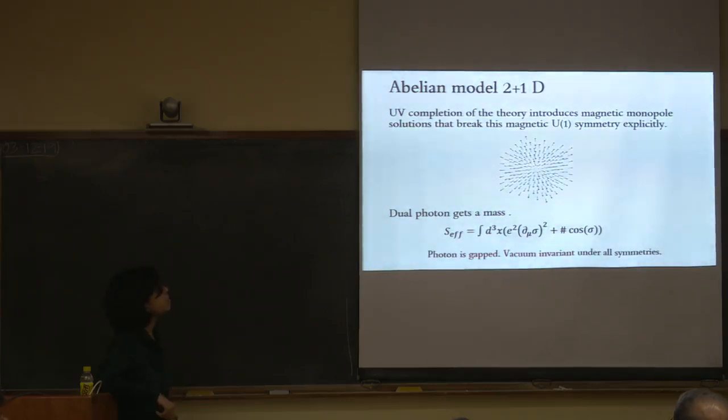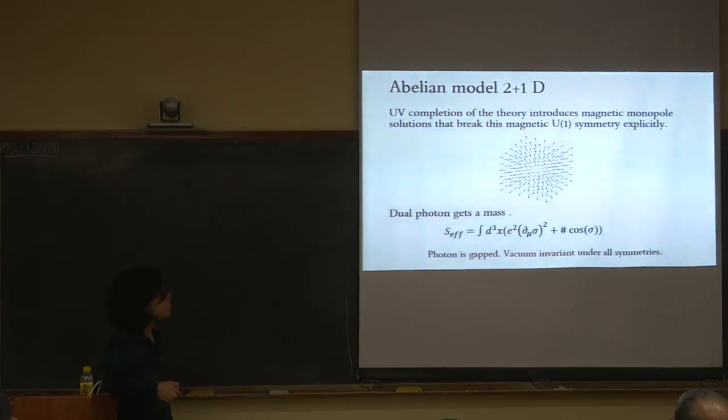In both cases, you now have finite action solutions, as he was talking about. These are monopole instantons, and they induce a mass for the photon. The mass term looks like this. So now the photon is gapped, and the vacuum is invariant under all symmetries.